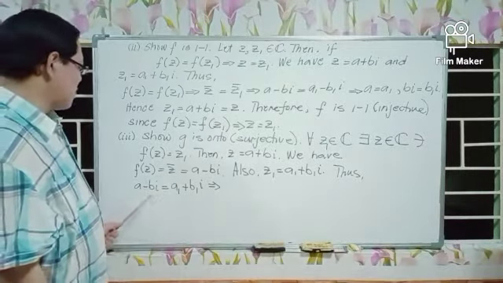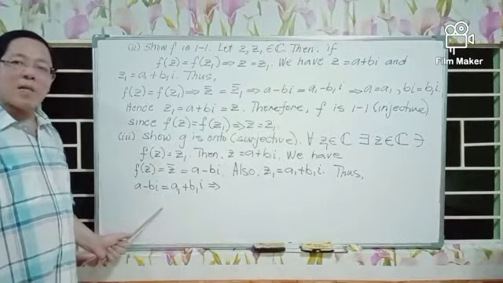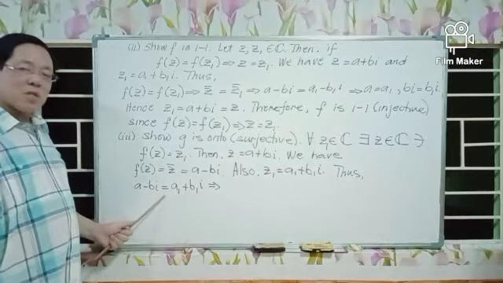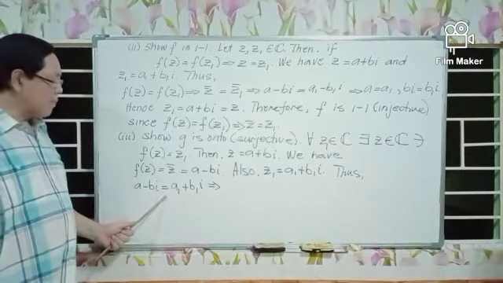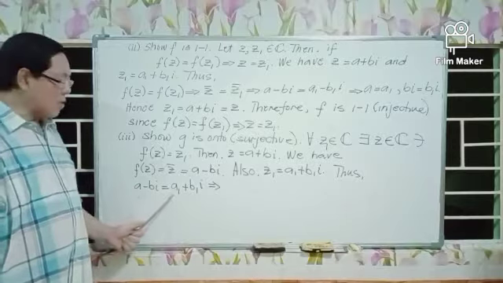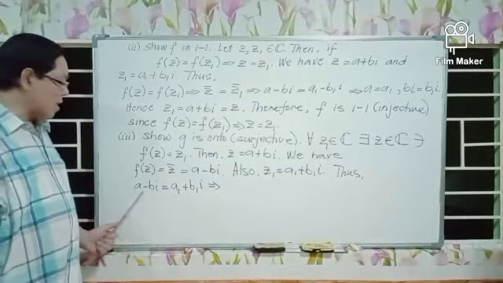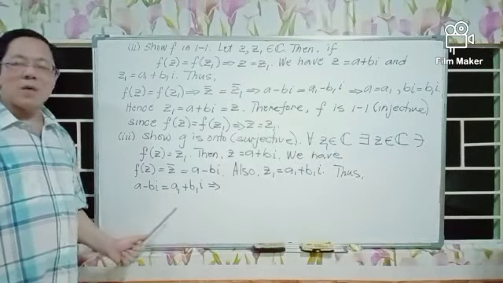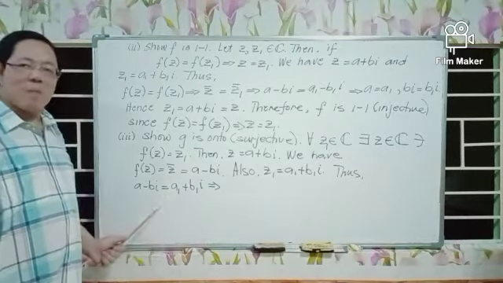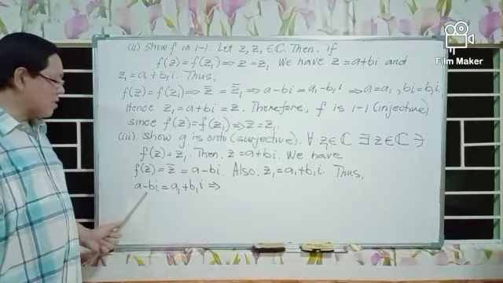And so we solve from this equation for a and b. This equation will be true if this complex number is equal to the complex number at the right, and these two complex numbers will be equal if their real and imaginary parts are equal. That's the only way these two complex numbers will be equal.